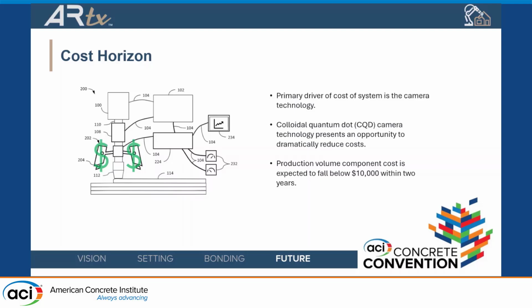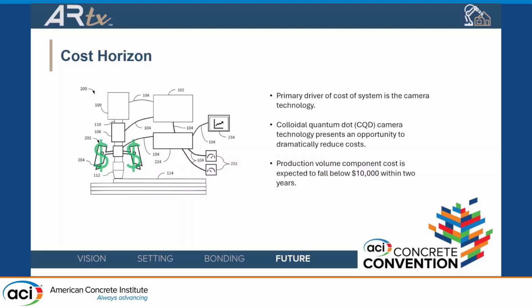But there is a camera technology that is being developed called colloidal quantum dot, CQD cameras. So these cameras have a lower quantum efficiency than some of these high-grade cameras you'll find in the lab, but they're able to be tuned to bandwidths that you are interested in, and they're expected to become very cheap. They're expected to start showing up in our cell phones.